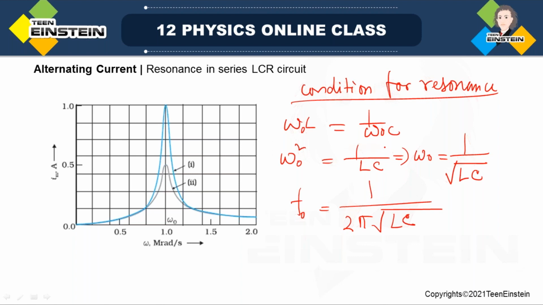So at resonance condition Z is minimum, that is equal to R. That means the LCR circuit behaves as a purely resistive circuit.